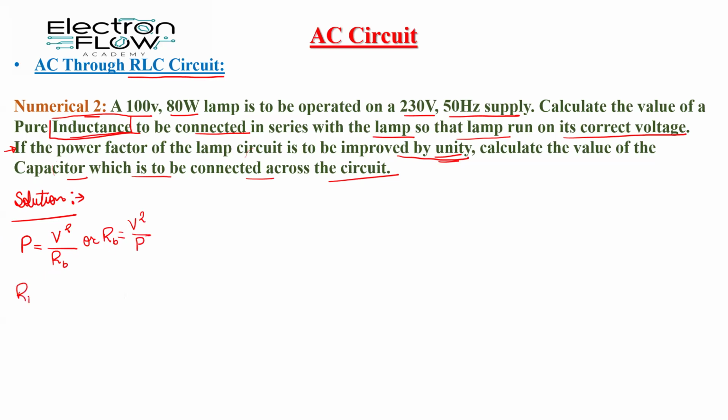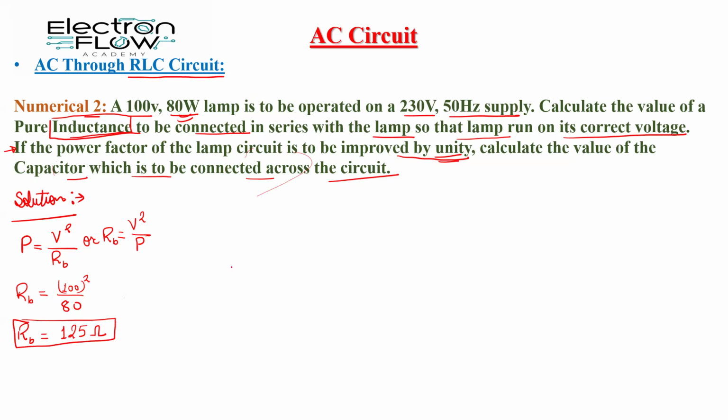The power given to us is 80 watt and the voltage is 100 volts, so R is 100 square divided by 80. From this expression I have calculated the resistance, which is equal to 125 ohms.